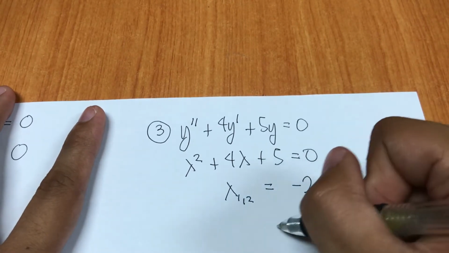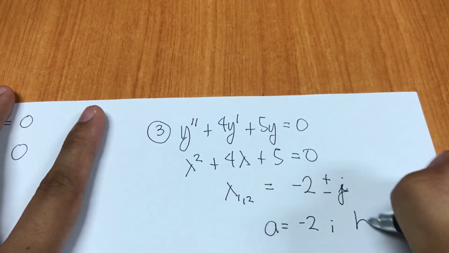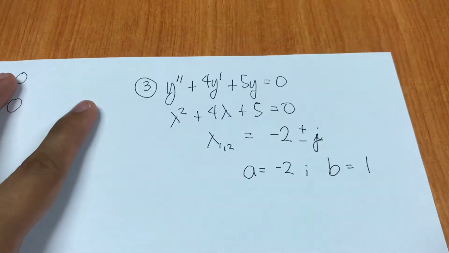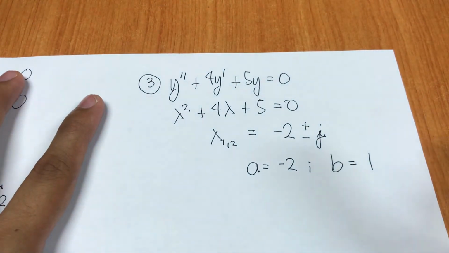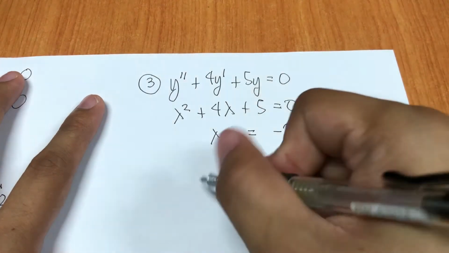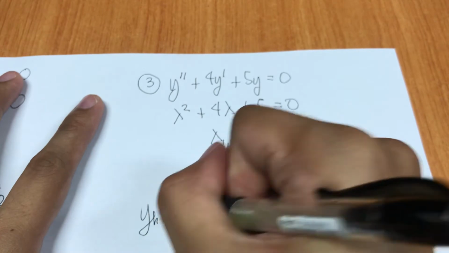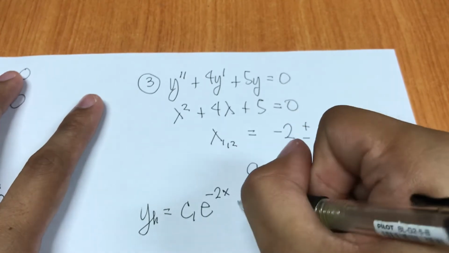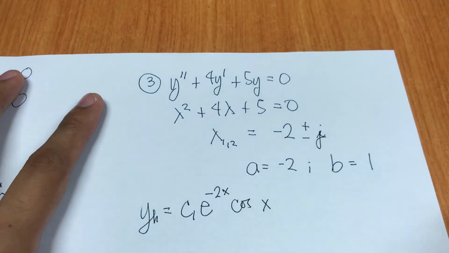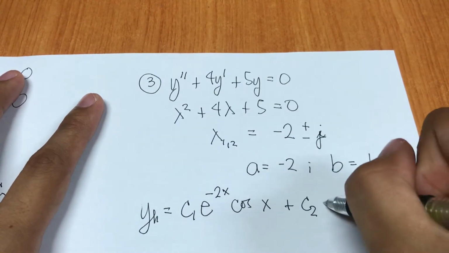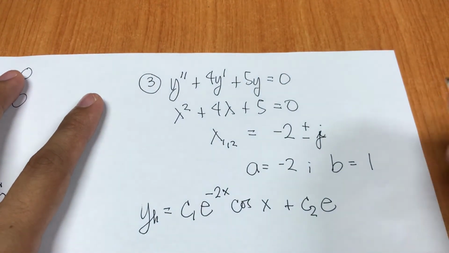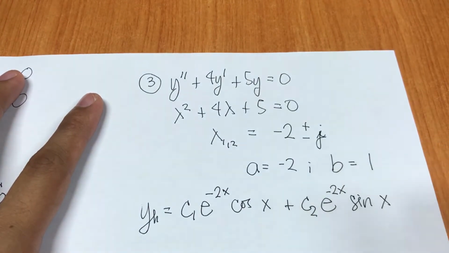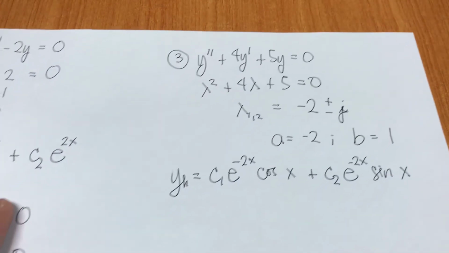So a is equal to -2, b is equal to 1. Using the formula, this is case 3, complex roots. Our final answer will be C1 e to the power of -2x cosine 1x, meaning cosine x, plus C2 e to the power of the same -2x sine 1x or sine x.